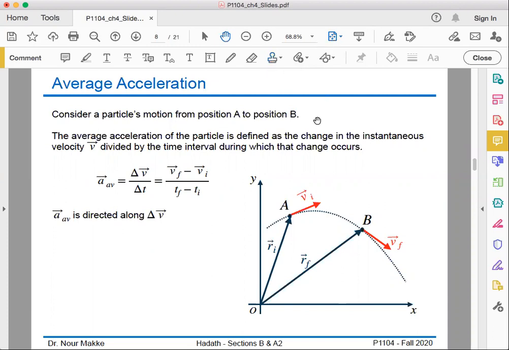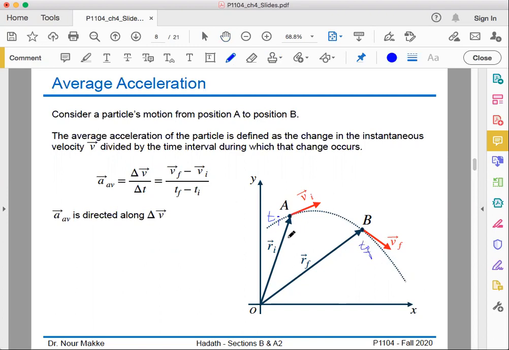Let's define each variable at each position. We call t initial the time at which the particle was at point A, and t final the time at which the particle was at point B.